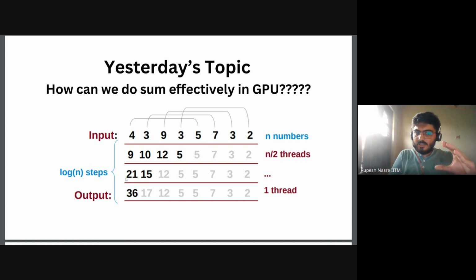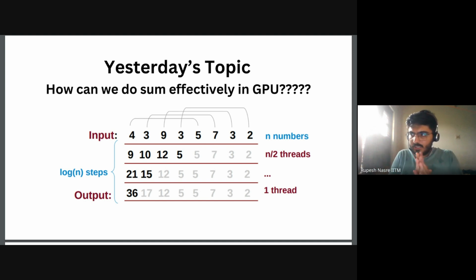In each iteration you will travel from 0 to n by 2. For each element you will do an operation: it will add the element at index i plus the element at index n by 2 plus i. So these are the two operations that we will perform, right?